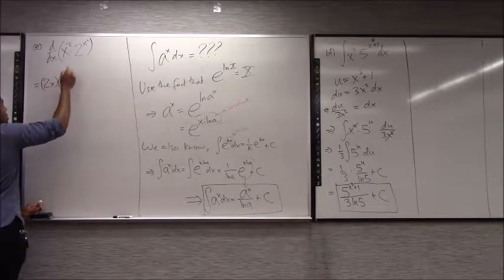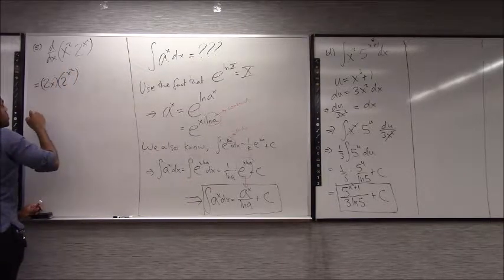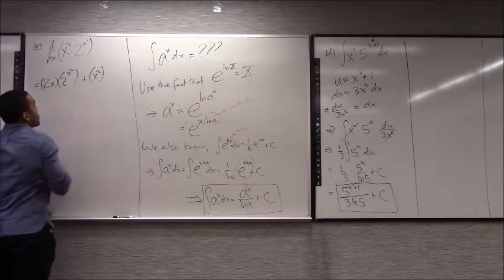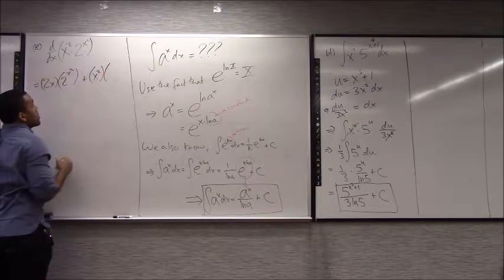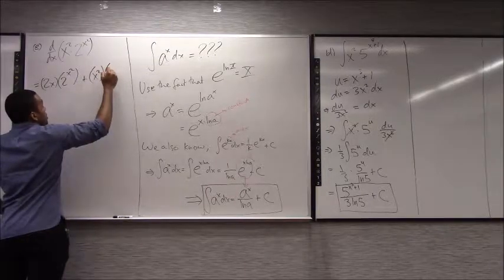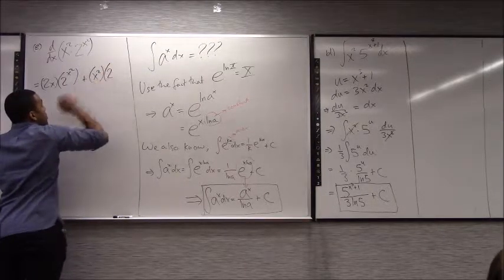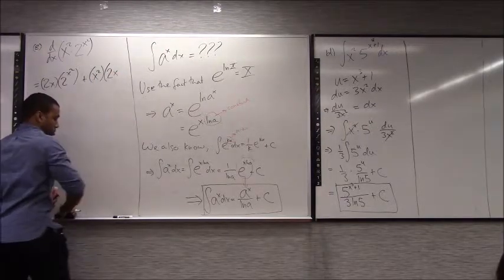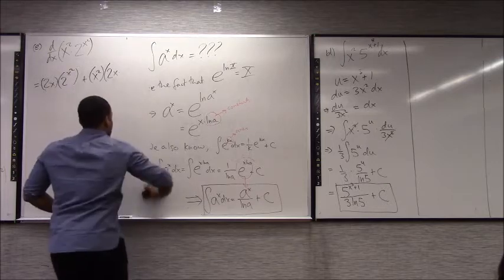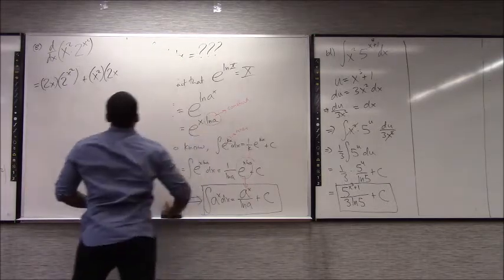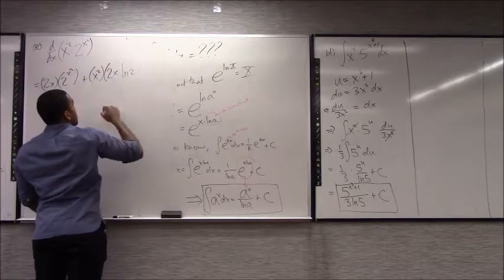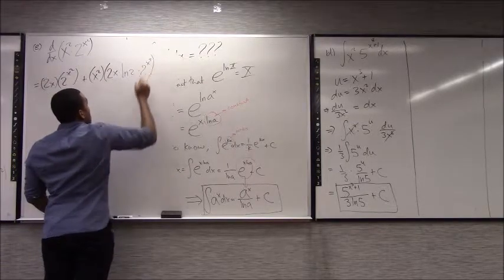Plus x squared, keep the first one, and then differentiate the second: 2 to the x squared times ln 2 times 2x, and then times 2 to the x squared.